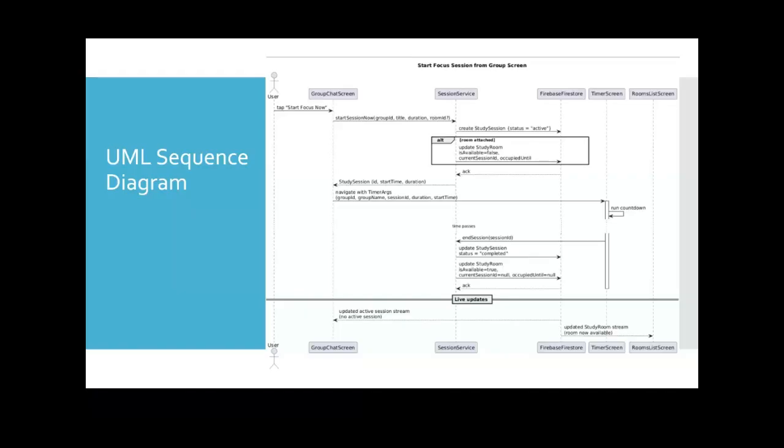So obviously, the user will start the focus group, and the session will have all of its different titles, IDs, duration, stuff like that, and that will go to our session service, which is where the rooms are, and it can create the study rooms, and it'll link to the timers and all that stuff so that all the different users can actually see all these updates for the focus session. Then you can go down and see the different session passes for the connection points to Firebase and the timer, which is right there, and then the live updates between the two that connects through Firebase.